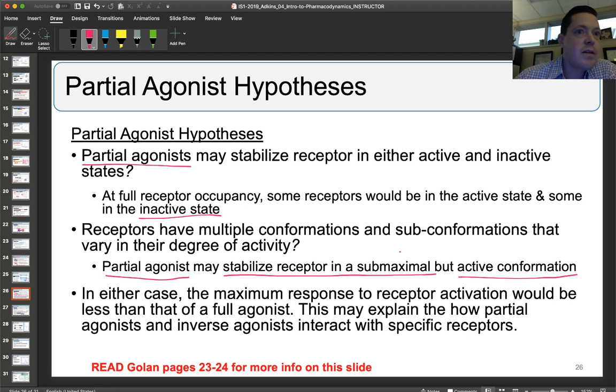You're still activating the acceleration of your car, but a full agonist would push that gas pedal all the way down and you would have full activity. So some of these partial agonists may not be able to stabilize the receptor in its most active conformation. We've talked about this, but those are some of the hypotheses put forth on why some partial agonists may not be able to establish or elicit a maximal response like our full agonists do.